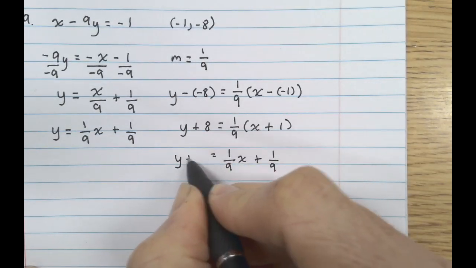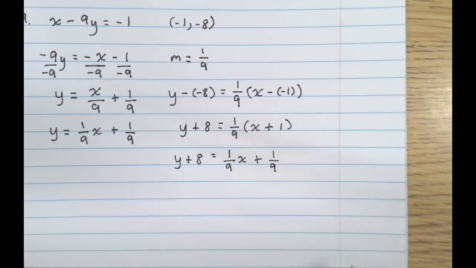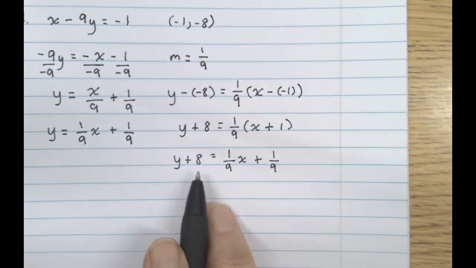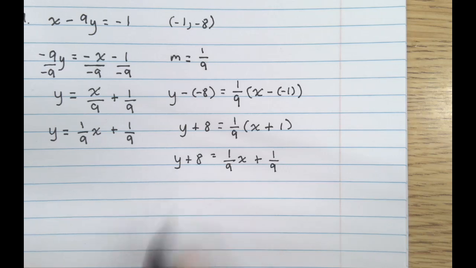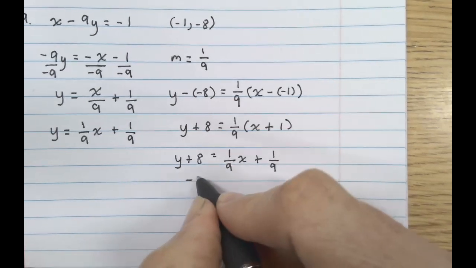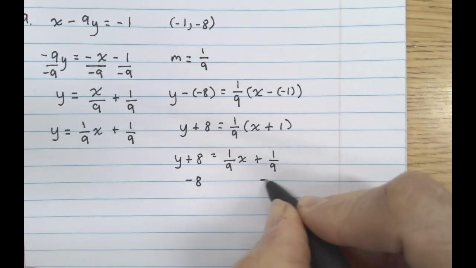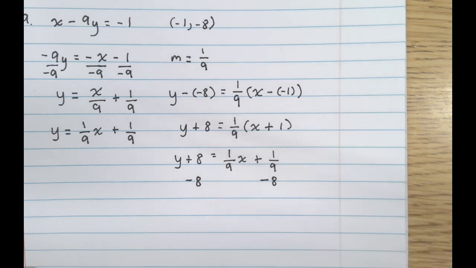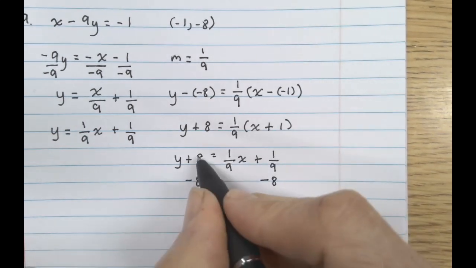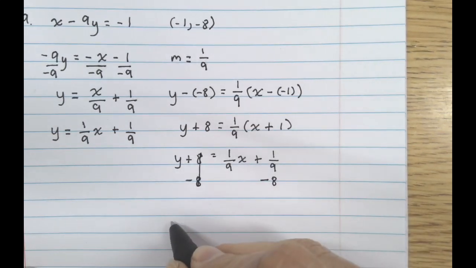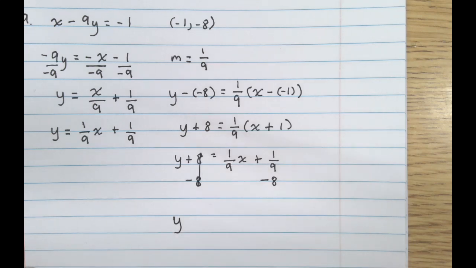And now what I need to do is subtract 8 from both sides, right? If I want to get rid of the 8, I use the inverse operation. So I'm going to subtract 8 and subtract 8. These 8's undo each other. Now on this side I only have y, which is what I want.